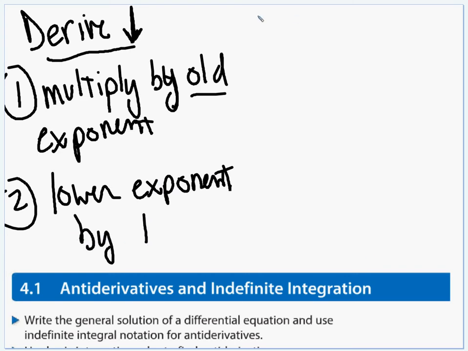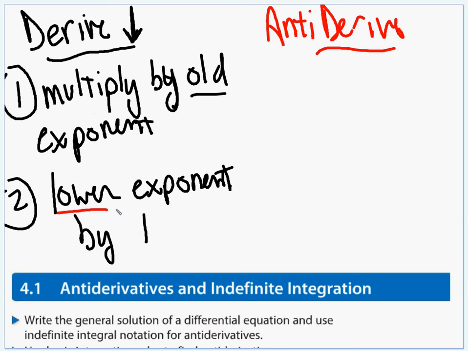Now, if we are going to antiderive, we are going to do the opposite operation in the reverse order. So in the other process, we multiplied by the old exponent and then lowered the exponent by 1.